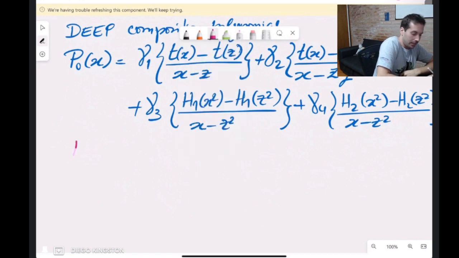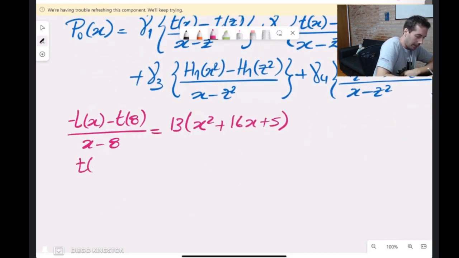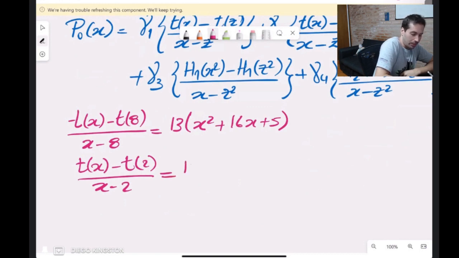The first polynomial is t of x minus t of 8 over x minus 8. And this is simply 13x squared plus 16x plus 5. Then, of course, we have t of x minus t of g of z divided by x minus gz, and this is simply 13x squared plus 10x plus 16.